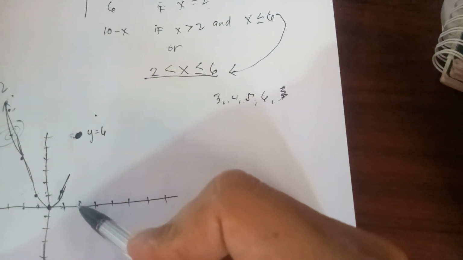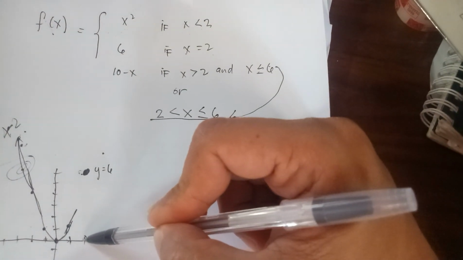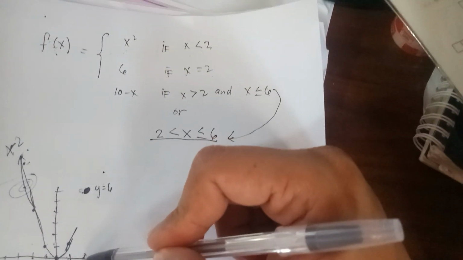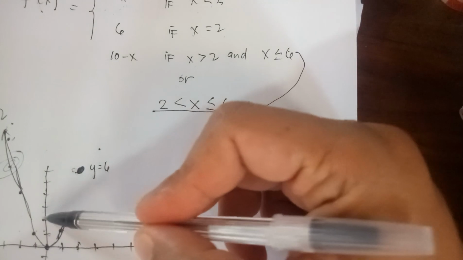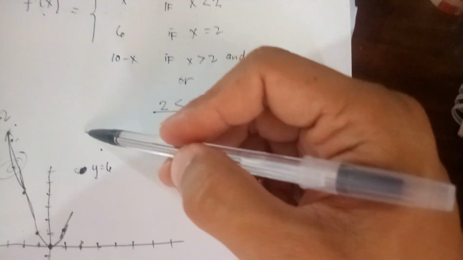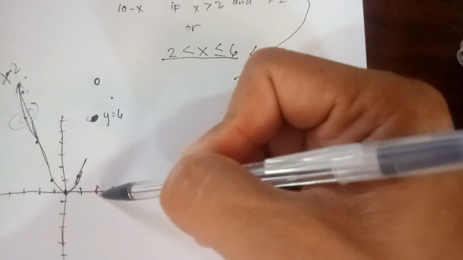So, 1, 2. Ibig sabihin, hindi kasama si 2. Okay? Hindi kasama si 2. Kung hindi kasama, lalagyan natin, what is 10 minus 2? 8. 1, 2, 3, 4, 5, 6, 7, 8. Ito siya. Open circle siya kasi hindi kasama si 2 kung makatapat siya sa 2.